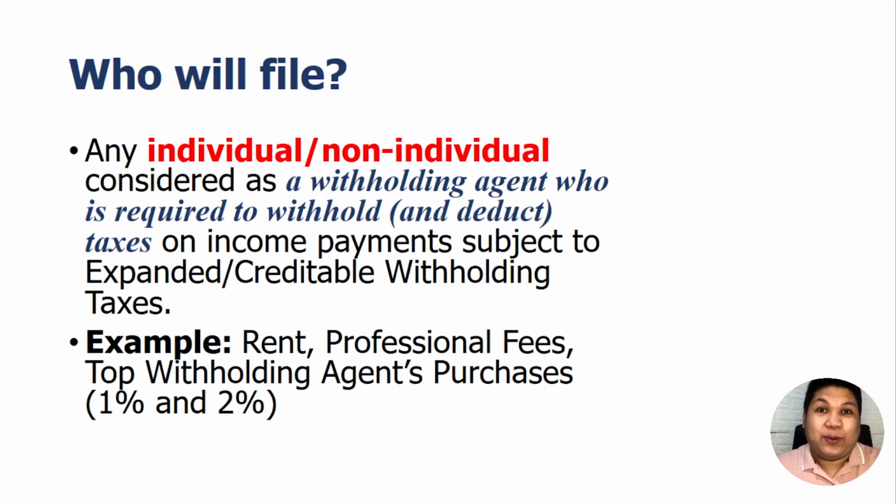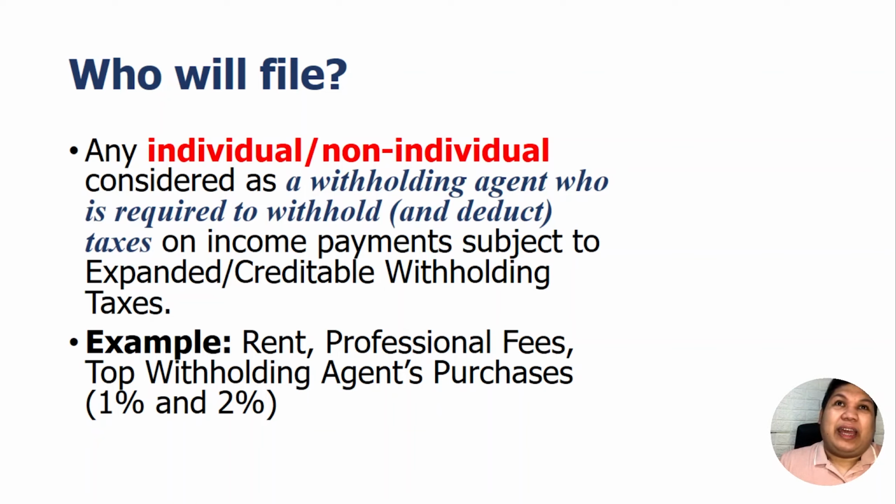There are many withholding tax rates, and we should know this because once we fail to withhold the tax, there is a possibility that our claims for expenses might be disallowed when the BIR audits us.